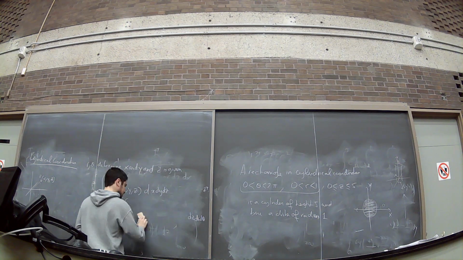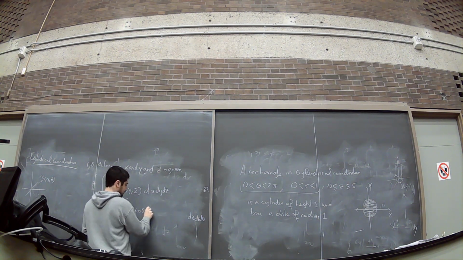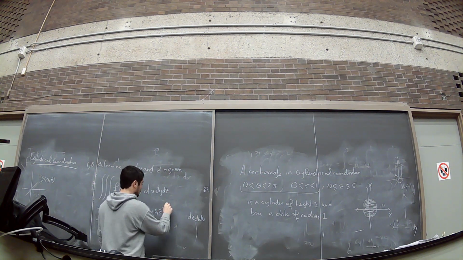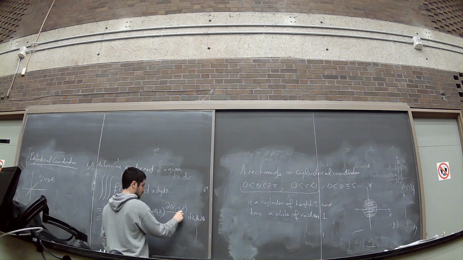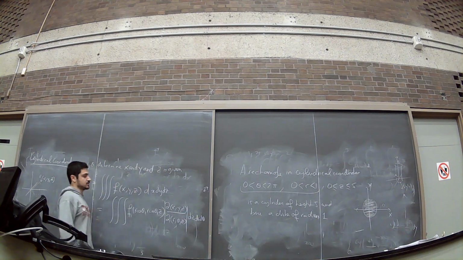I'm missing a Jacobian. What's the Jacobian here? The partial of x, y, z over the partial of r, theta, z, in absolute value. Can you tell me?